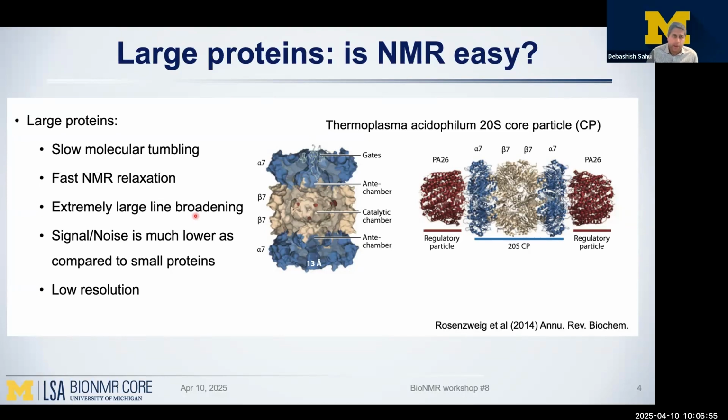You will also have much lower signal to noise compared to small proteins. And then you will have low resolution because there will be way too many resonances to look at, and sometimes they tumble so slowly that they are broadened out and you don't even see these signals. So the only signals you will see are from the periphery of these proteins, probably the end regions that are very flexible.